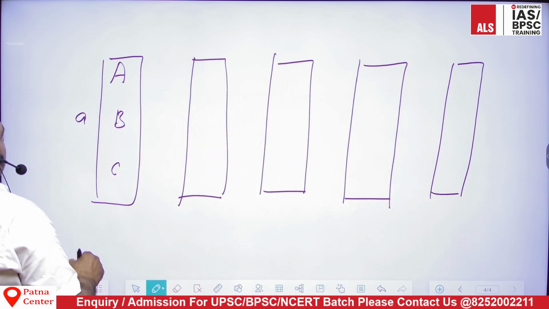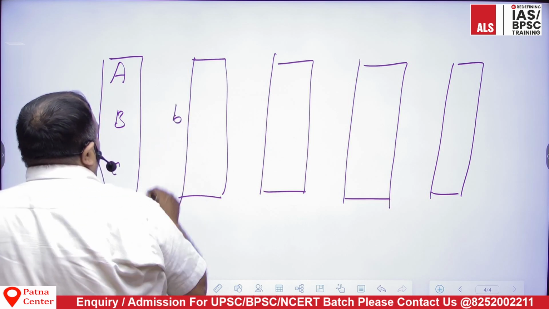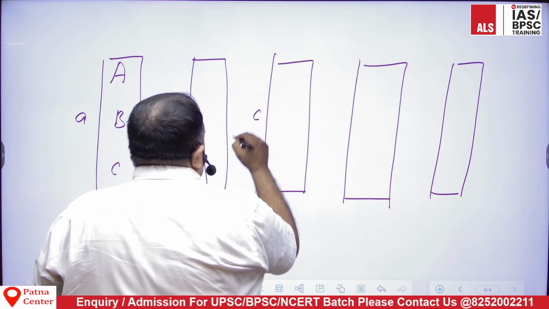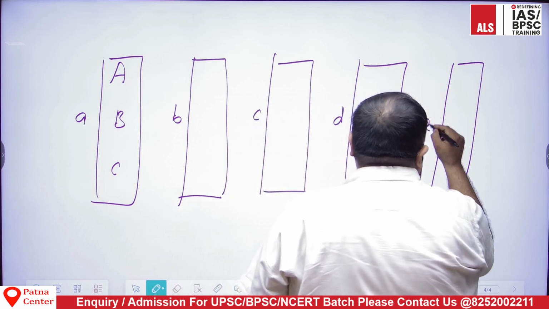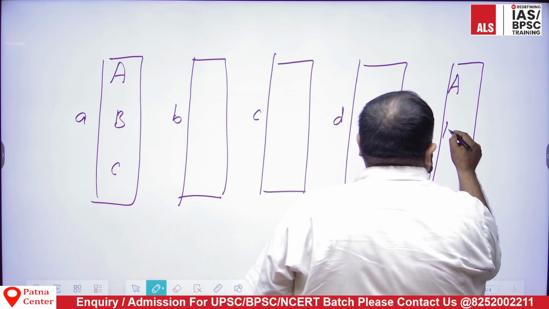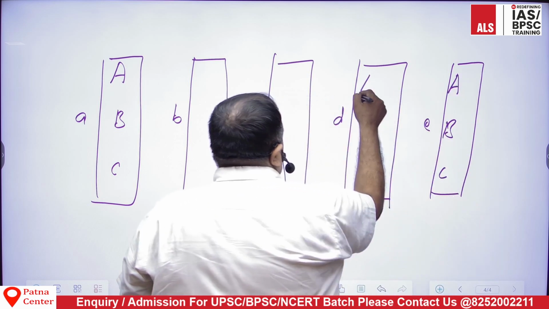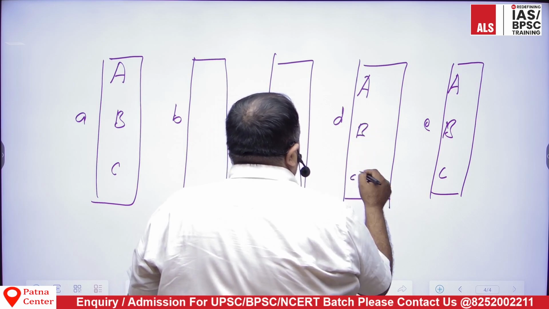Voter number 1, small a, voter B, voter C, voter D, voter E. Candidates are the same, capital A, B, C.